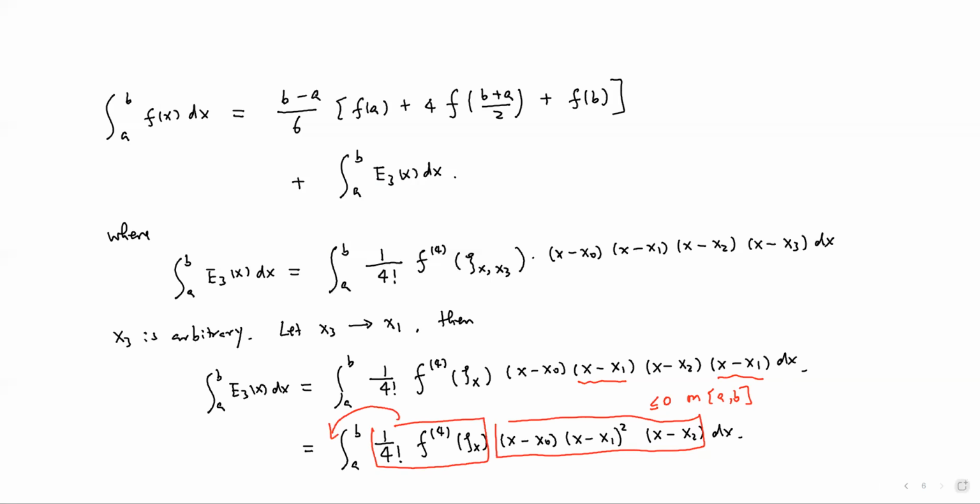Now we have the integral from a to b of E3(x) dx equal to 1 over 4 factorial times the fourth derivative of f evaluated at some new sign. This new sign doesn't depend on x.